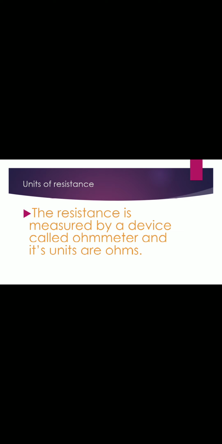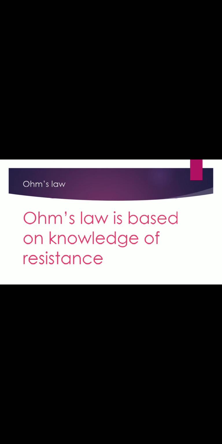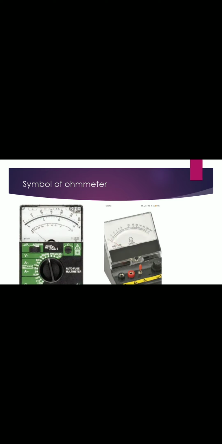The resistance is simply measured by a device called an ohm meter and its unit is ohms. It was a scientist named George Simon Ohm who first gave the term ohm. The resistance is measured by a device called an ohm meter. This is the typical symbol of an ohm meter.